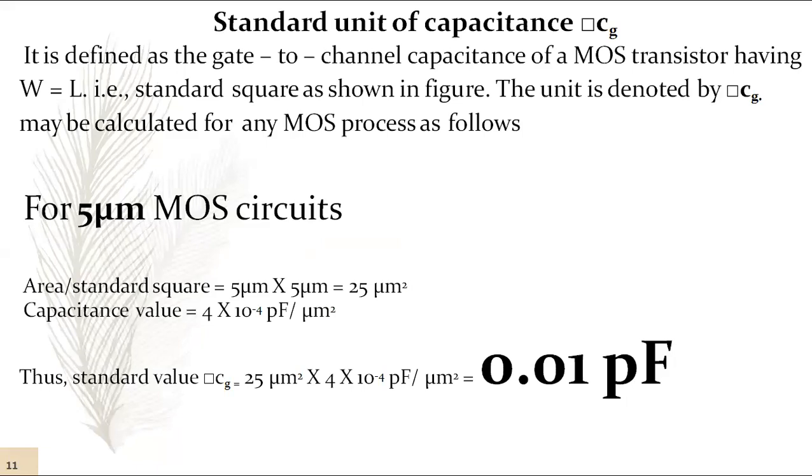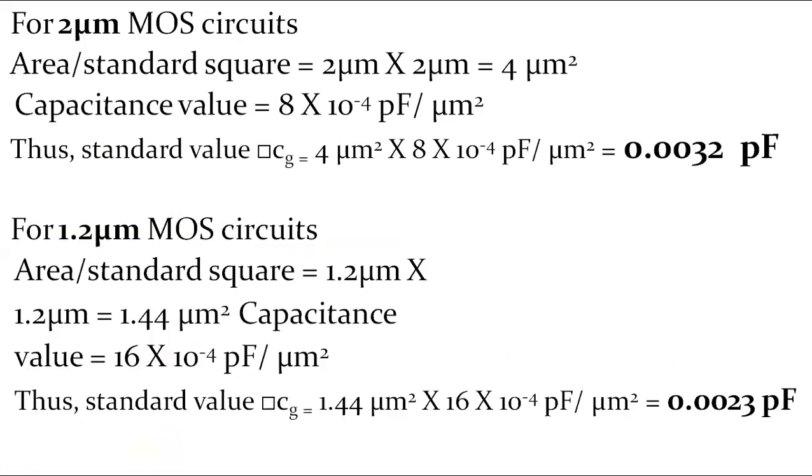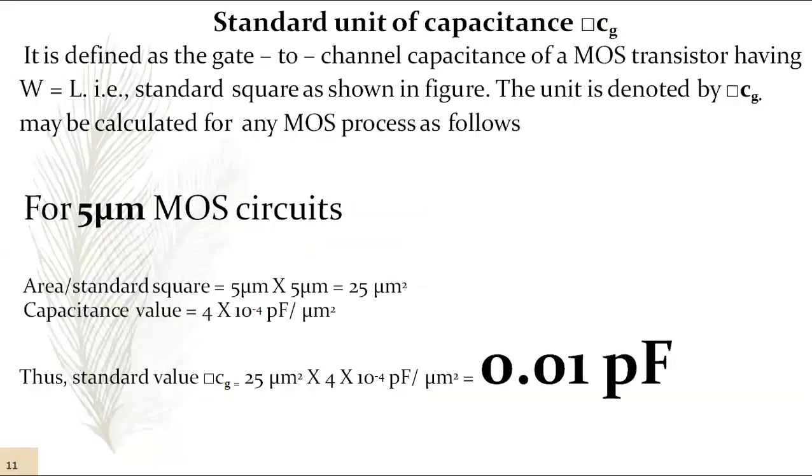They are the 5 micrometer MOS circuit, 2 micrometer MOS circuit, and 1.2 micrometer MOS circuit. Okay, they are the values. Already I have told that we need to remember these values. For 5 micrometers the capacitance value is 0.01 picofarads.